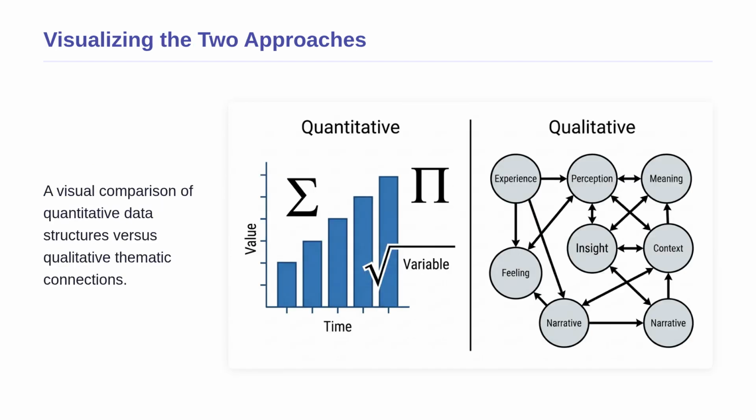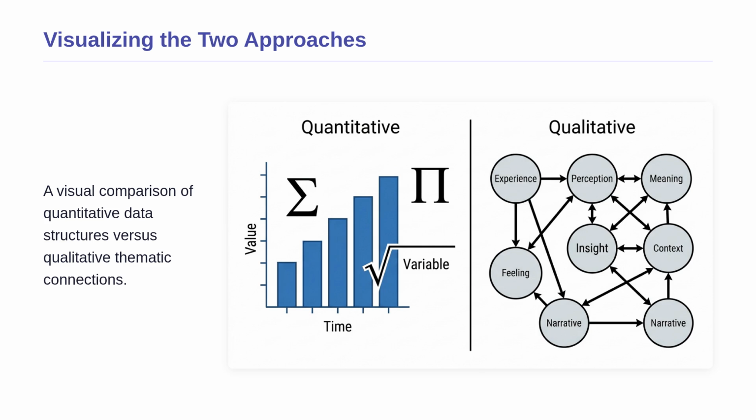Now that we have calculated both types of data, let us look at a visual representation of these two methodologies. On the left side of the diagram, you see the quantitative approach, represented by a structured bar chart. Notice the clear axes for time and value, surrounded by mathematical symbols. This represents hard numbers and statistical significance.